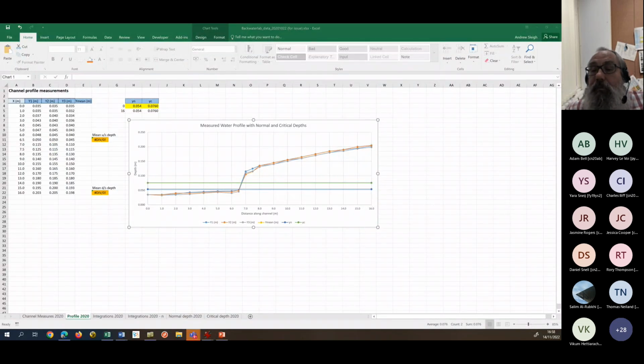Just looking at the chat. I'm going back to the question of Natasha to check whether that was answered. In the Excel sheet provided, is the integration done direct step method or standard step method? Well, it won't be the standard step method because that's a bit fiddly, and I can't remember what it was.